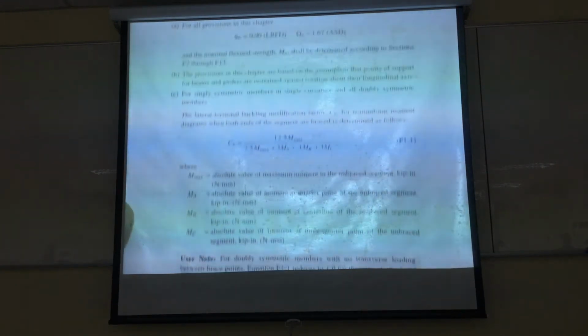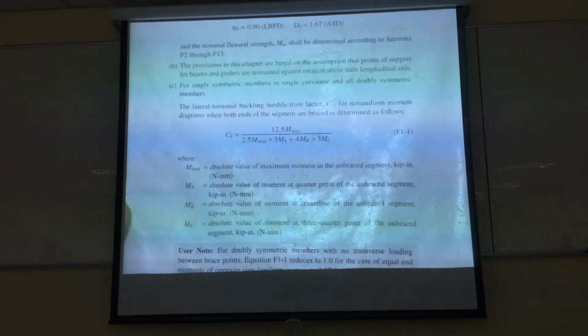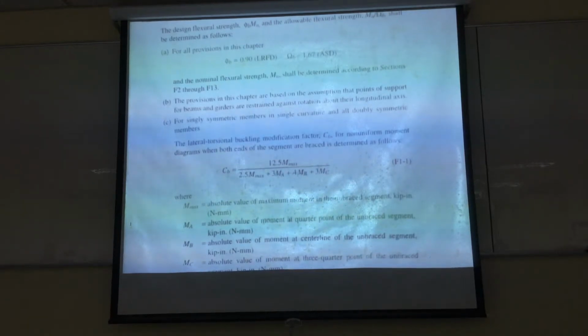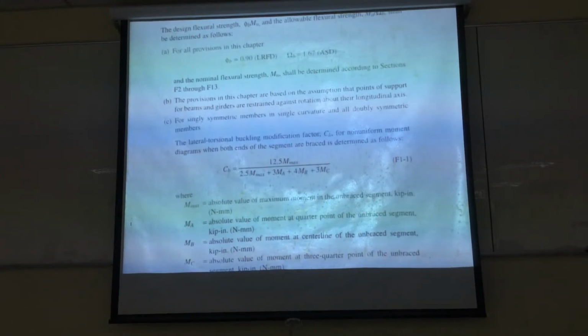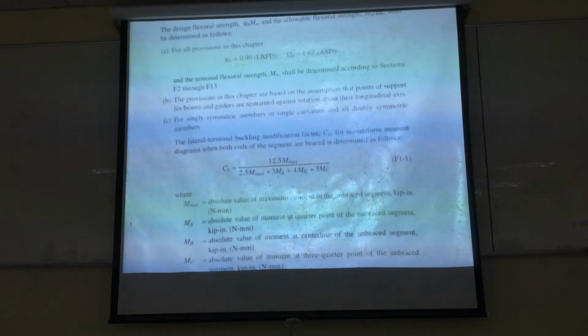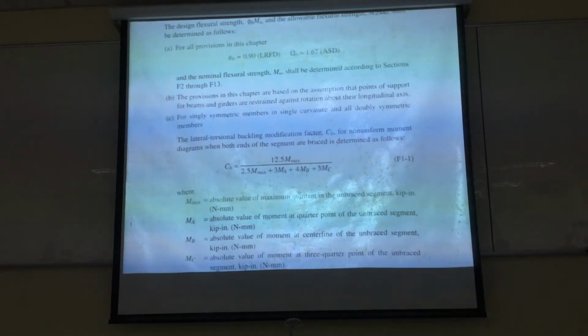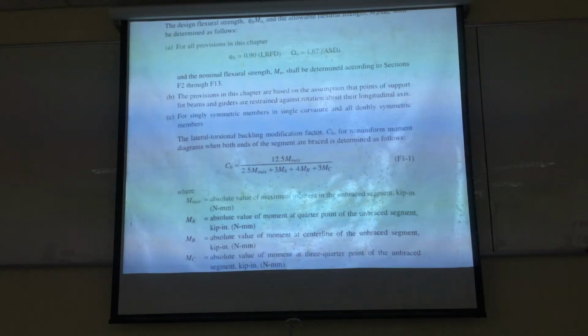Okay, we have something over here. The Cb. This is the coefficient that is used to adjust for the shape of the bending moment. What is this?